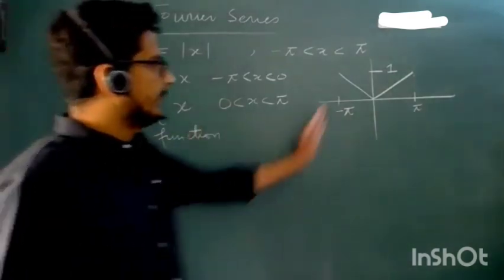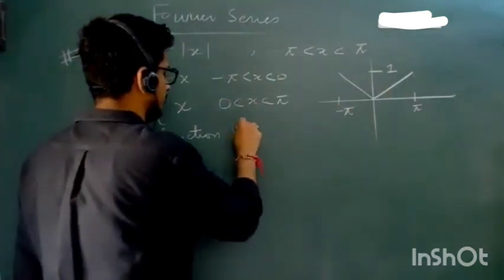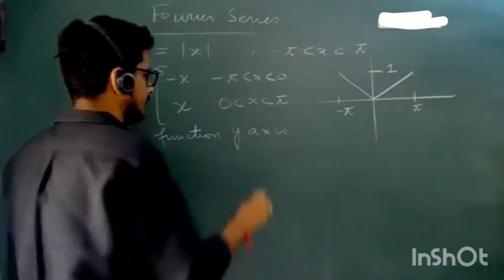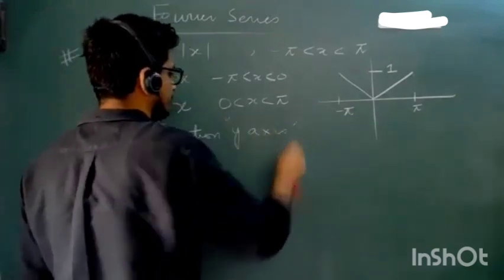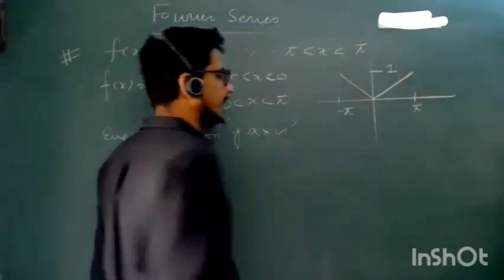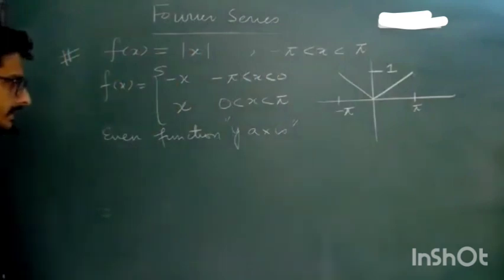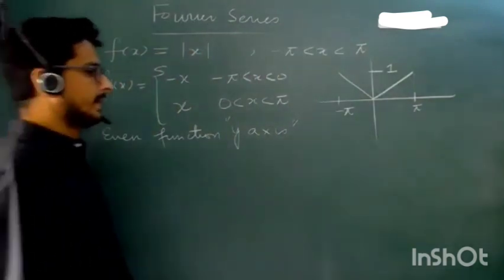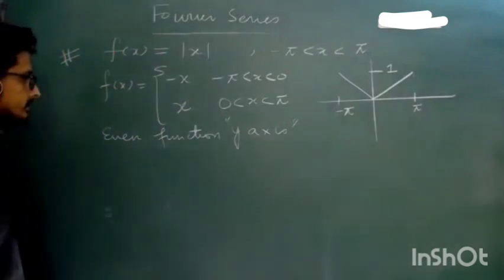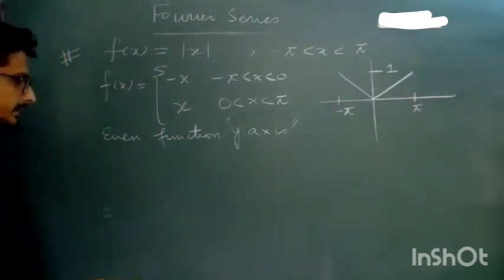An even function is symmetric about the y axis. As it looks on the right of the y axis, it will look the same on the left, and also f(-x) = f(x). Correct?